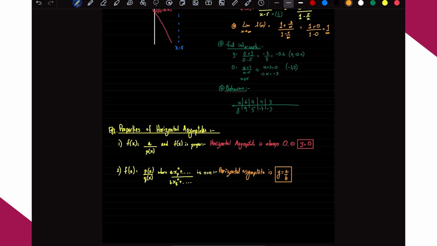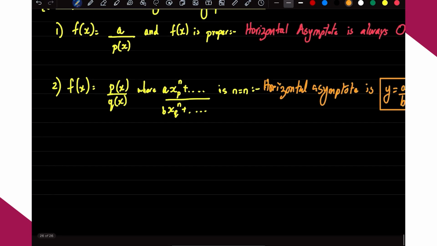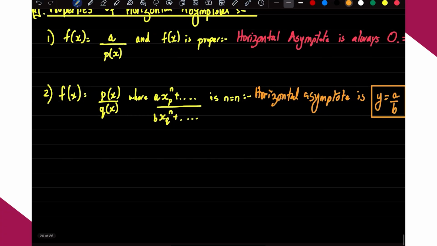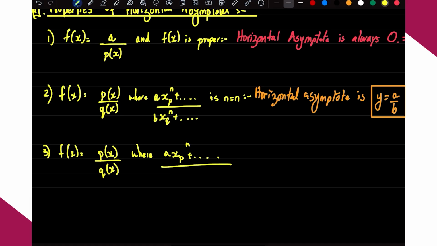Well, we're saying that x is proper, right? So if this is the case, I'll just do the same thing, that f of x is p of x divided by q of x, where a x to the power n plus ... divided by b x to the power m plus ..., and n is less than m.